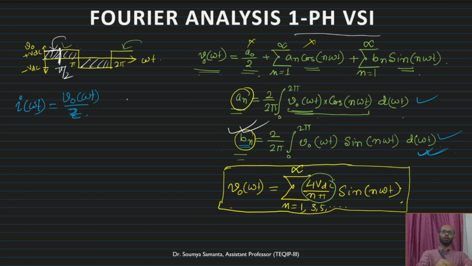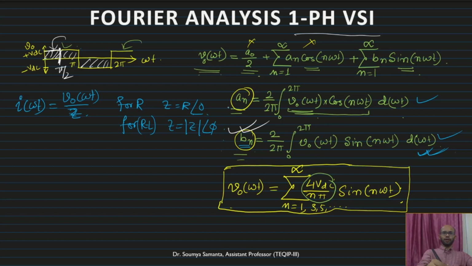Now for R load, what will be the Z? Z equals R. Obviously I am talking about the magnitude, and the angle we will consider later on. In case of R load, the angle is 0. And for RL load, Z equals mod of Z at angle theta, or suppose phi. What is the mod of Z?